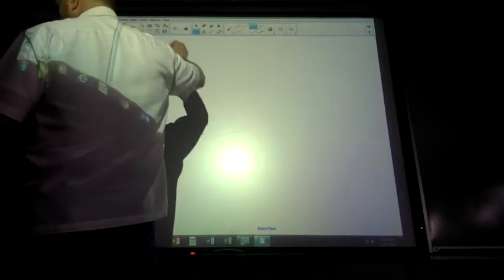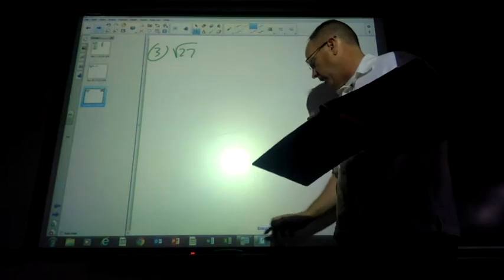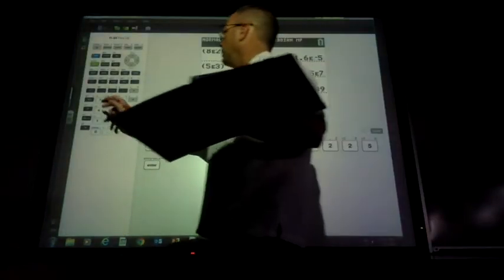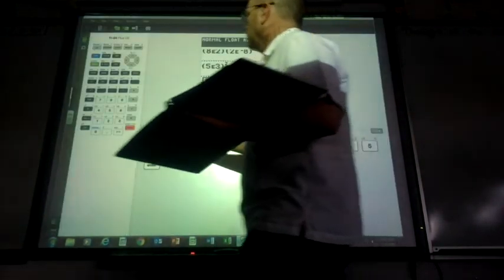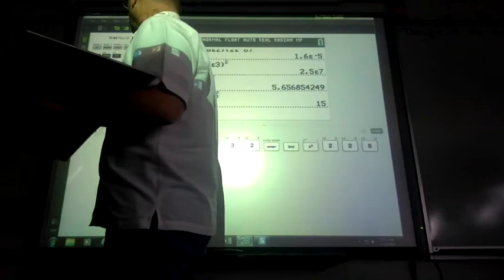Number 3, I have the square root of 27. If you plug this into your calculator just to double check, I'm going to get 5 point something that goes forever.